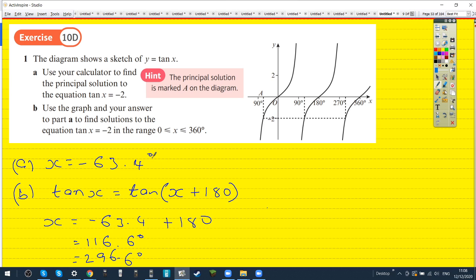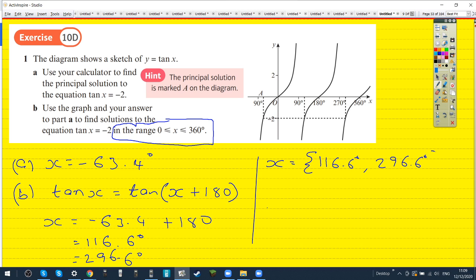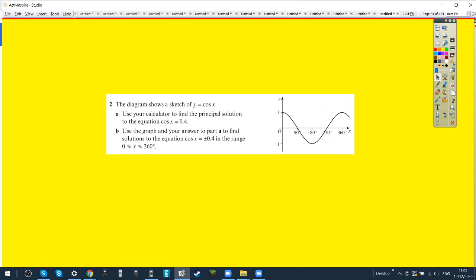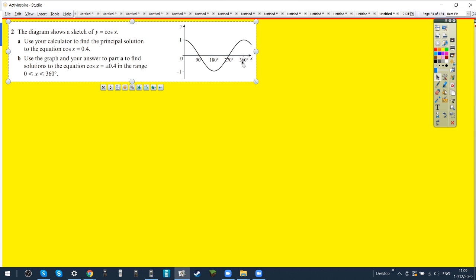So of our answers, which are in the range of 0 to 360? The last two, 116.6 and 296.6. The other is a perfectly valid solution, but it's outside of our range, so we leave it.